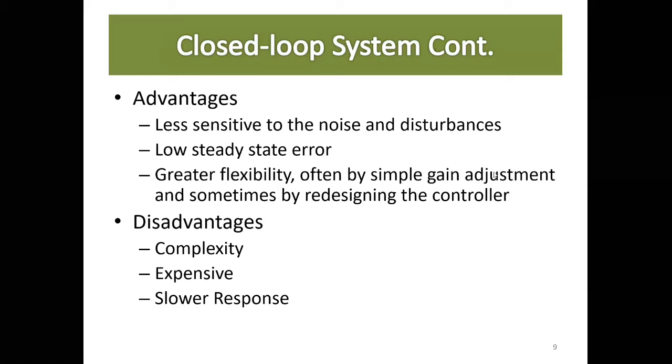The disadvantages are that the system is complex and expensive. If you want to design or buy a closed loop system, it will cost some money, and the response is slower.